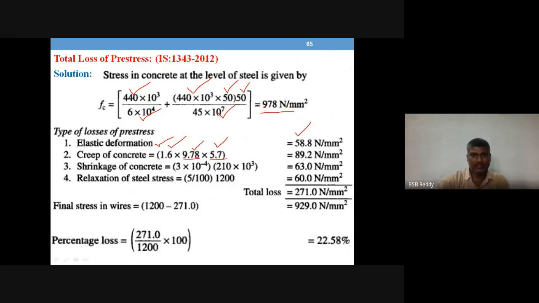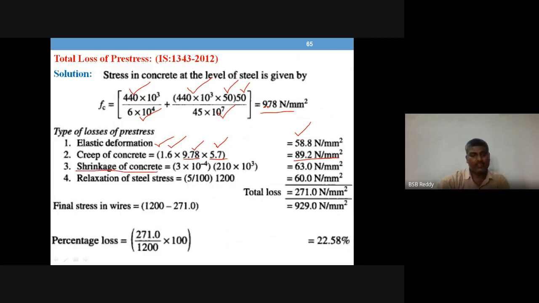Okay, so this is what is creep coefficient method. So that is this value, 89.2 Newton per mm square. Okay, so stress value is this 9.78. It's a typographical error. So 9.78 is the stress value.